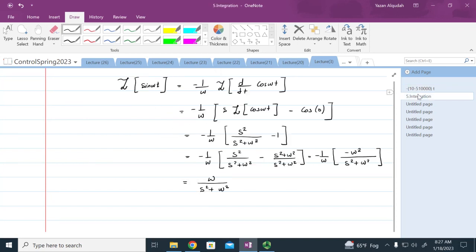And therefore, we substitute the function in the time domain at 0. Make sense, everybody? And we're subtracting a 1. So we wrote it as s squared plus omega squared over s squared plus omega squared. What is this equal to? A 1. Okay.